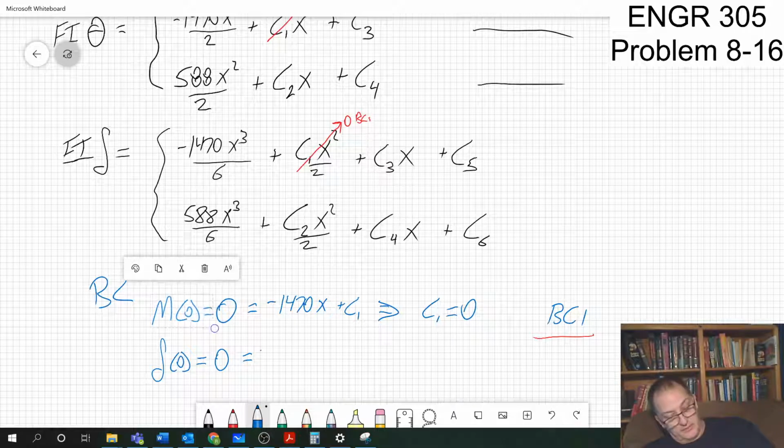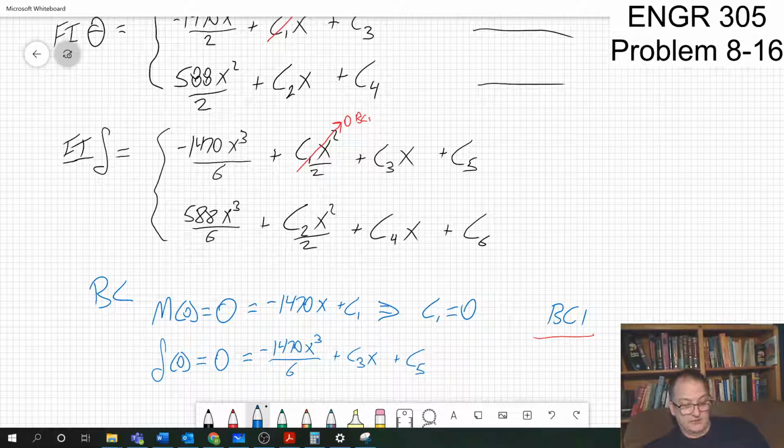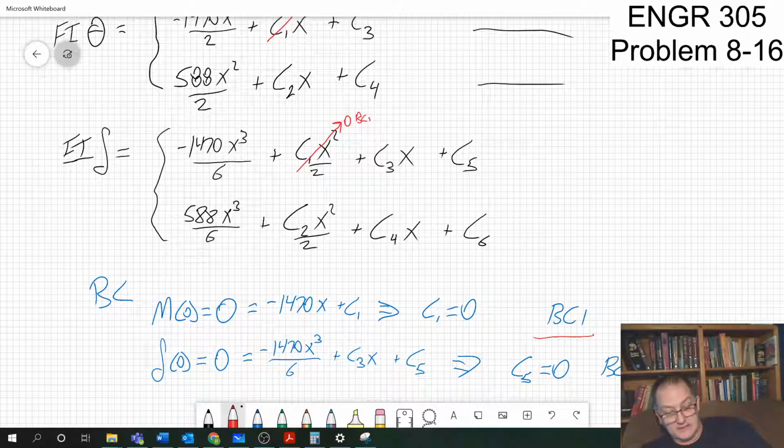That's equal to minus 1470x cubed over 6. The C1 term went away, plus C3x plus C5. So the first two terms go away, and C5 is equal to 0. That's based on boundary condition 2, and so that's this one.